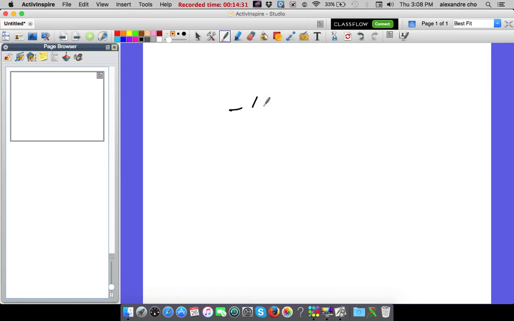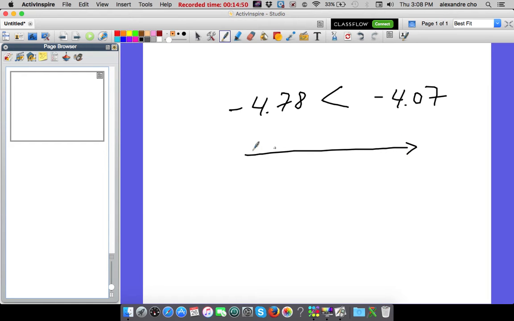Okay, so now we've got negative 4.78 and negative 4.07. You know that the bigger the number on the negative side, the less its value, because it's further away from 0. So this number is definitely less than that. Or you can create a number line.